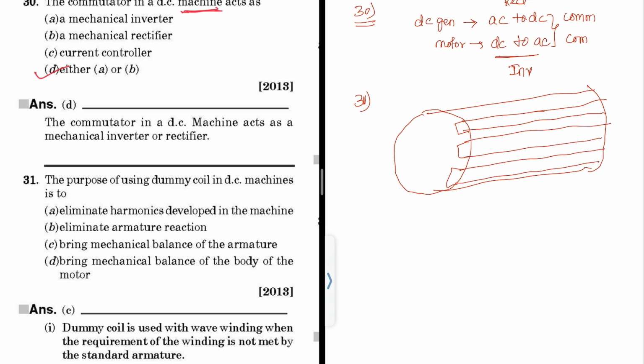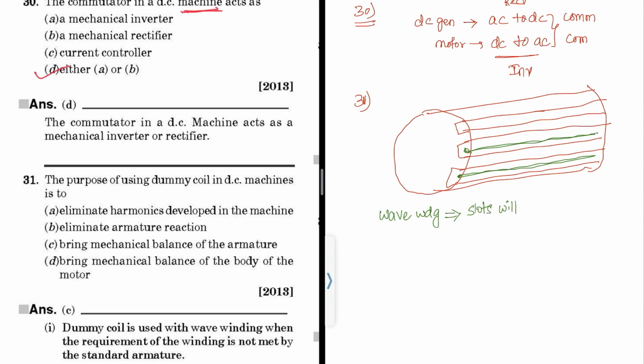In general, the coils will be placed in the slots, right? But in particular, in wave winding, during the design process, there may be a chance that slots will be empty.